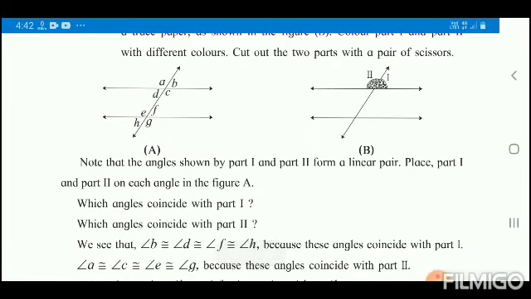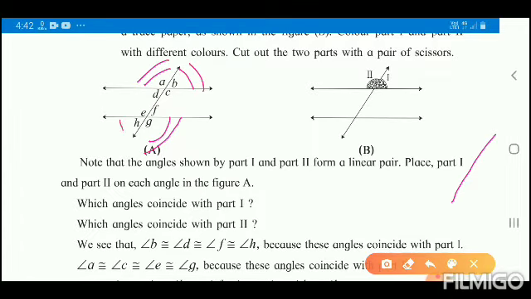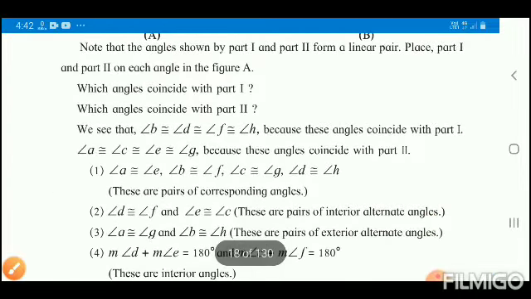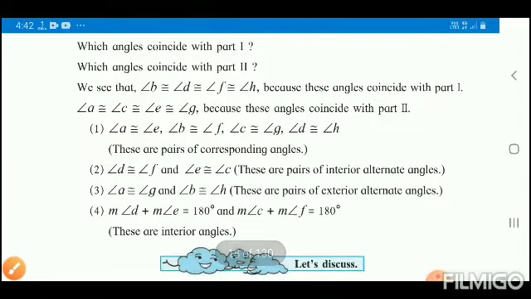Now we will see the pairs of exterior alternate angles. These pairs are A and G, B and H. Here in your book they have given A and G and B and H. These are the pairs of exterior alternate angles.